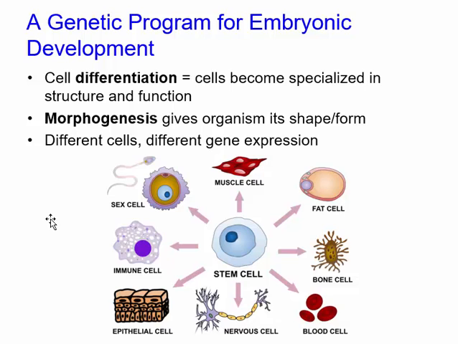So here in this figure, we see a stem cell in the middle. This has the potential to differentiate into all these different kinds of cells, and then those come together as tissues. So morphogenesis, that's the next step. This is the actual shape. So morphology is shape, right? So morphogenesis is the organism taking shape.